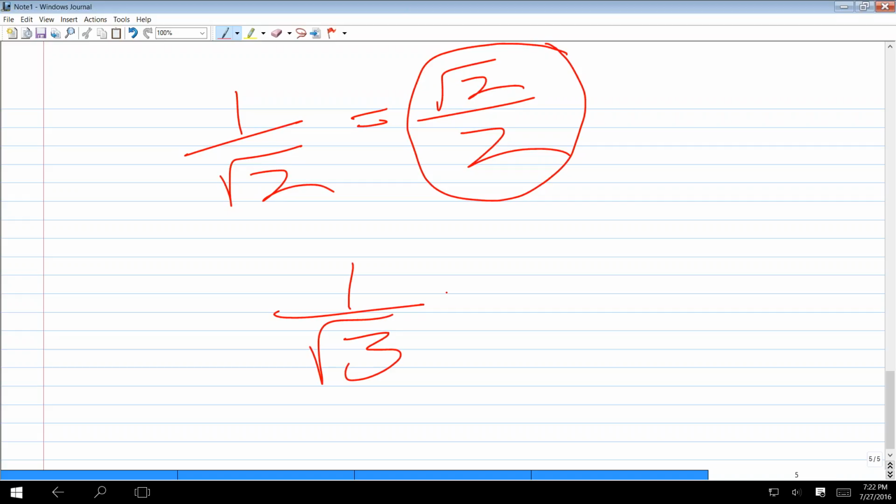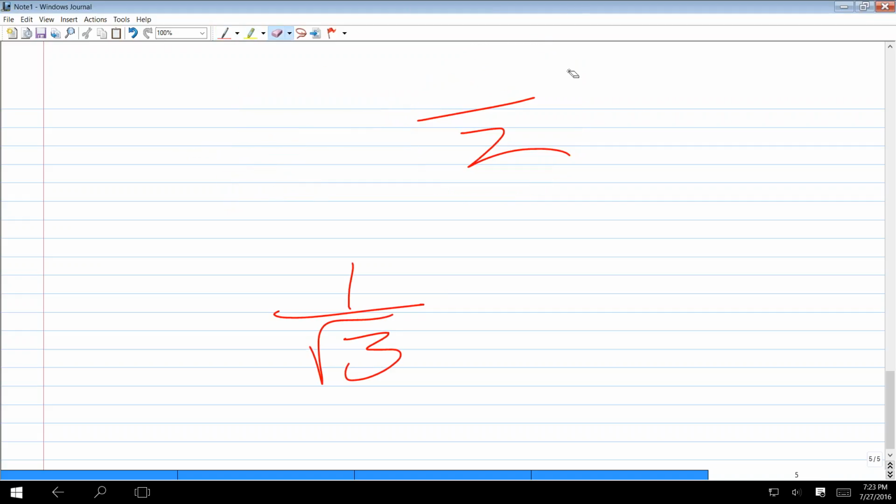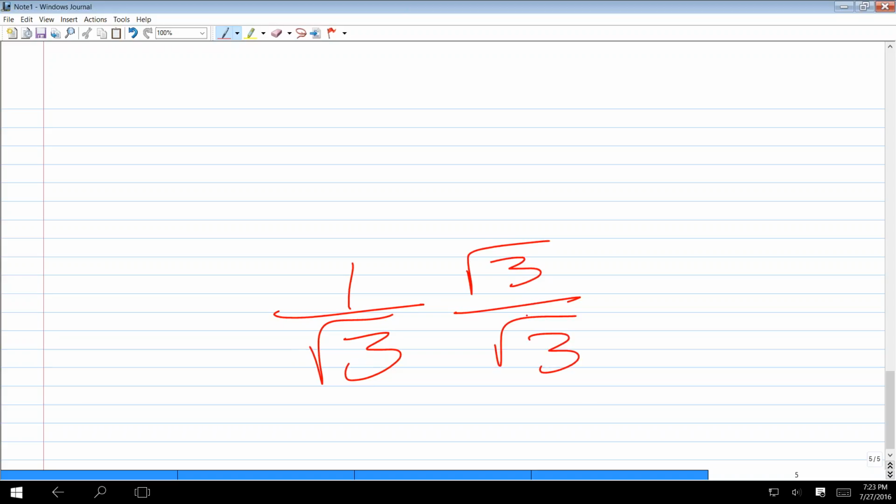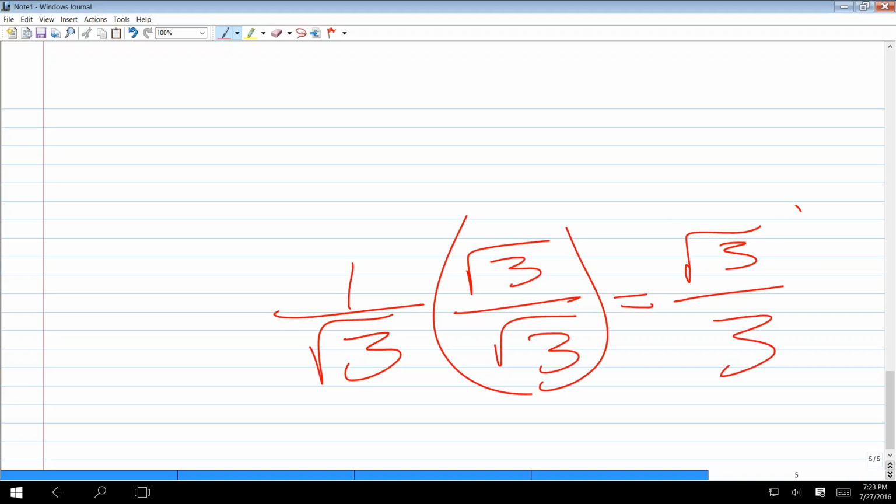What would you do? Multiply both top and bottom by root 3. It's the answer. Root 3 over 3. Perfect. That is a legitimate mathematical answer.